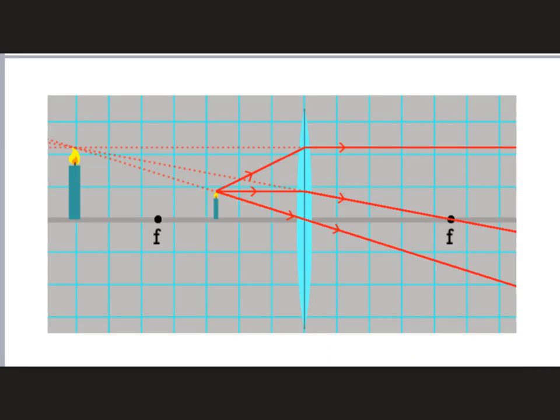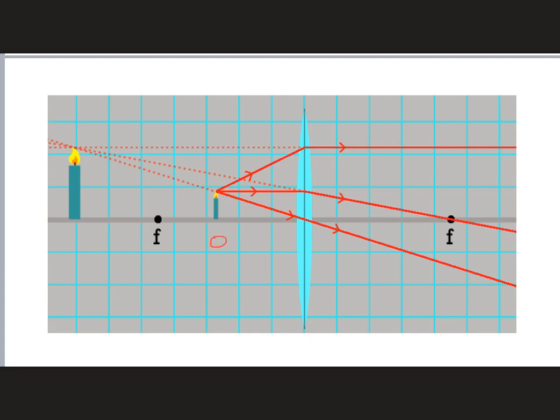So you might ask yourself, how is it possible for an image to form on the wrong side with a thin lens? And the answer to that is if the object, in this case, this is the object here, is inside the focal distance, so here is the focal distance, the object is closer to the lens than the focal distance is, and so we can follow our three rays.